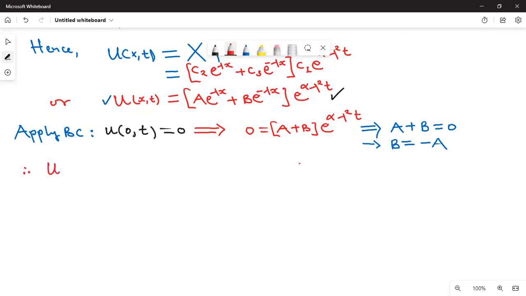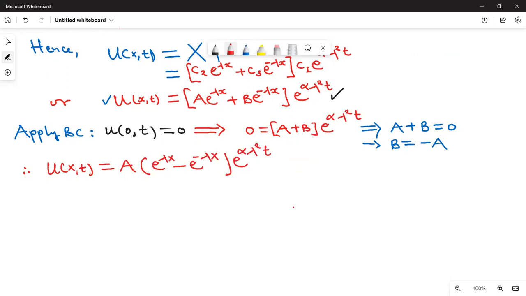So we are going to get U of xt is A times the exponential lambda x minus exponential negative lambda x, times exponential alpha times lambda squared times t.